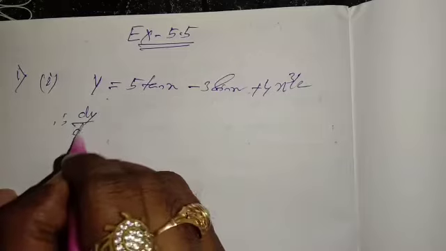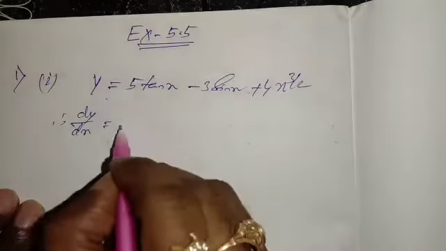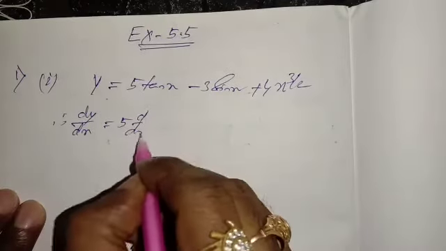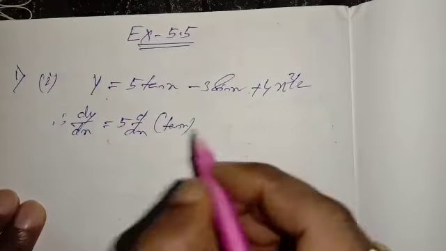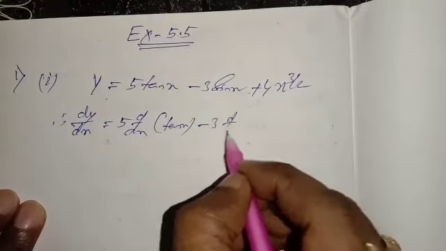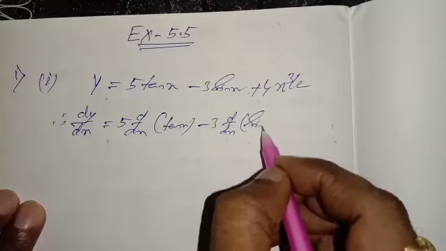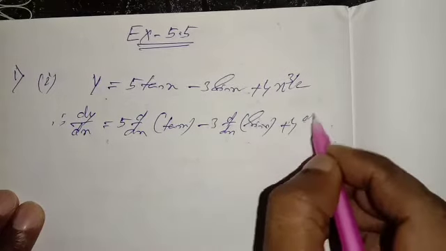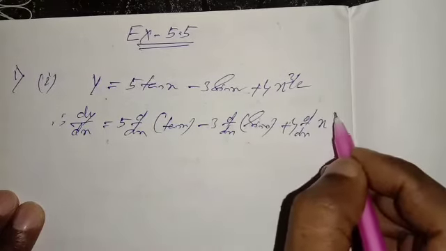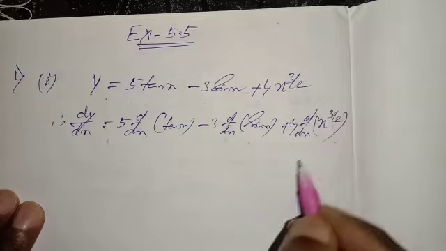Therefore, dy by dx is equal to 5 taken outside, dy/dx of tan x, minus 3 taken outside, dy/dx of sin x, plus 4 taken outside, dy/dx of x to the power 3 by 2.